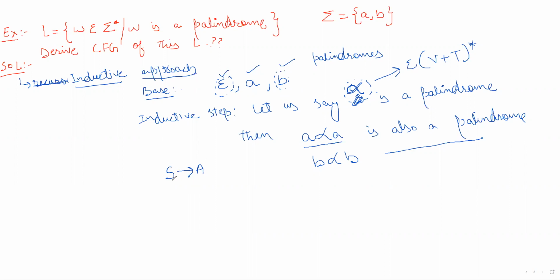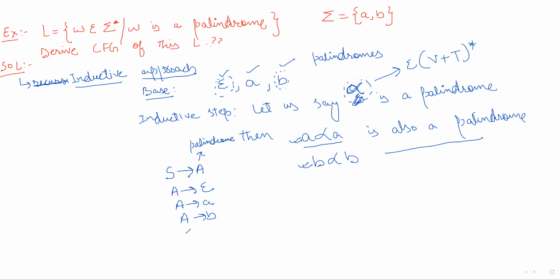Now S gives A. So from S we have to generate palindromes. So this A should be a palindrome. And we know that A is a palindrome. I should generate these base cases from A. So these are the base cases. And these induction cases, this one and this one.